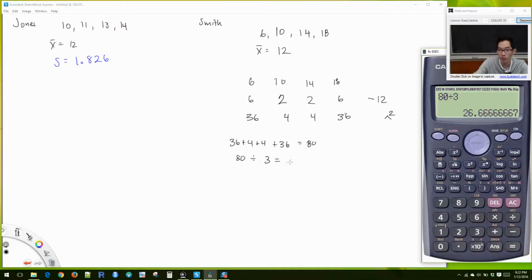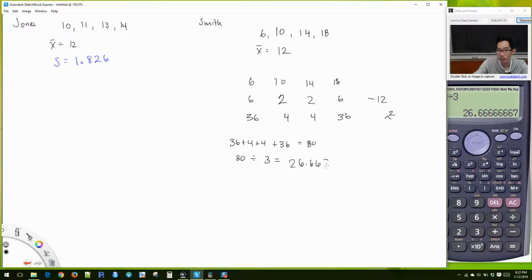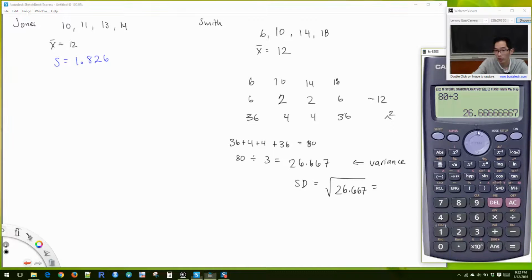And so I get 26.667. This is my variance. And my standard deviation is the square root of that, and I get 5.1639.